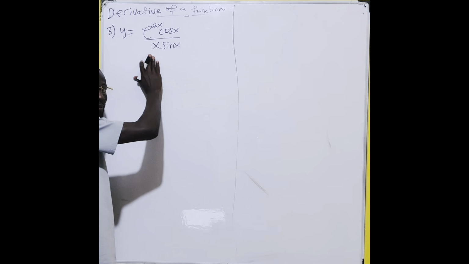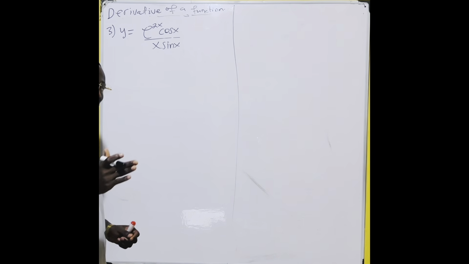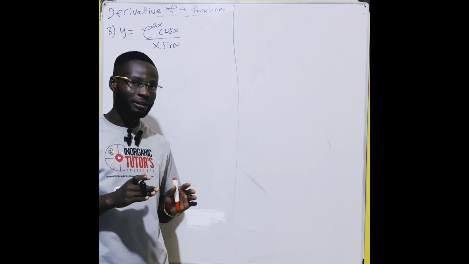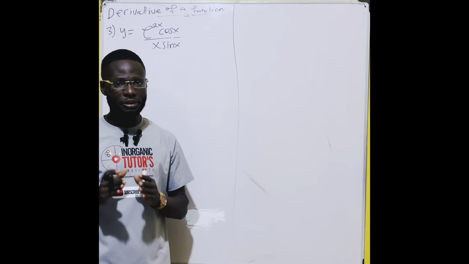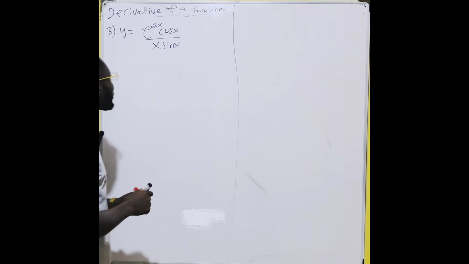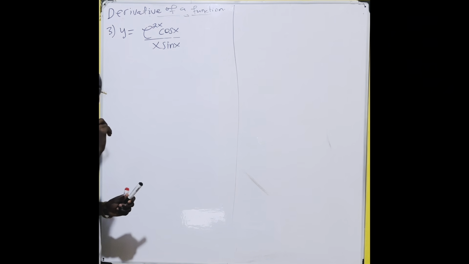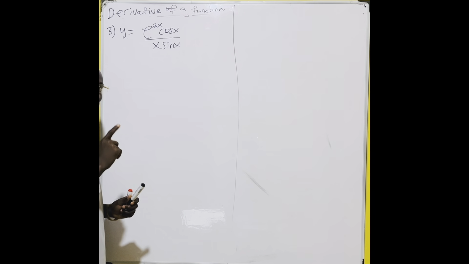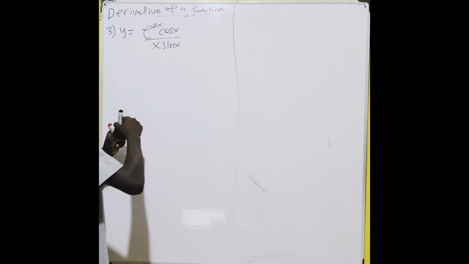So with problem number 3, we are going to apply the knowledge we obtained in problem number 1 and that of problem number 2. So with problem number 1, we use the quotient rule, right? And in problem number 2, we use the product rule. So we are going to use that here.